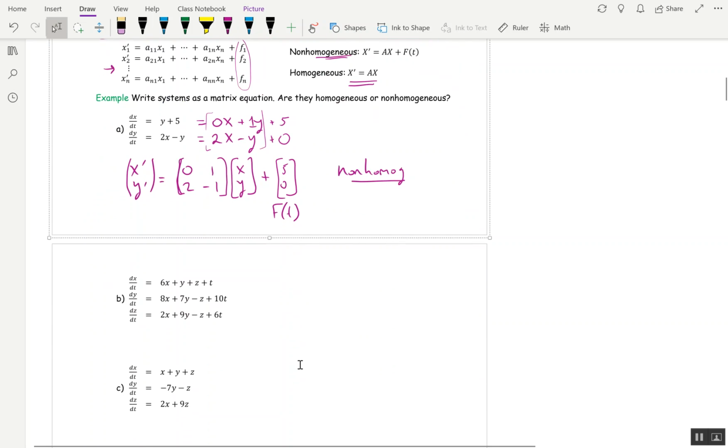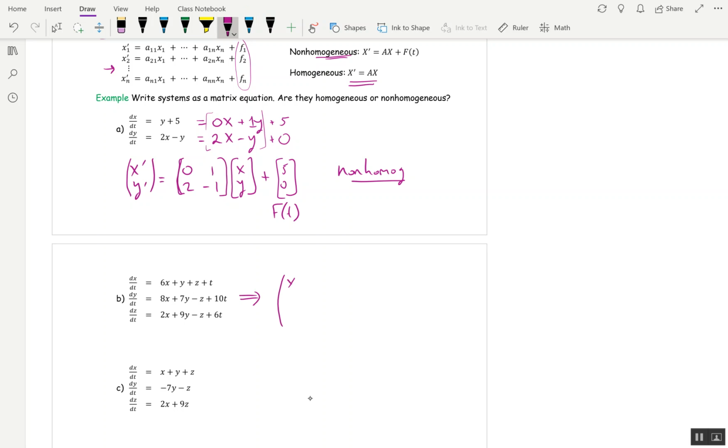All right, so let's try another one. This one I don't have to rewrite. It's already in the form where my x is first, my y is in the middle, my z is third, and then my t's at the end. So all 3 rows look like that. So I can just go straight to the matrix form.